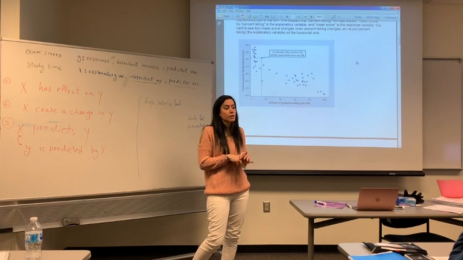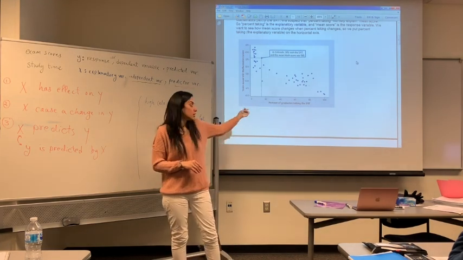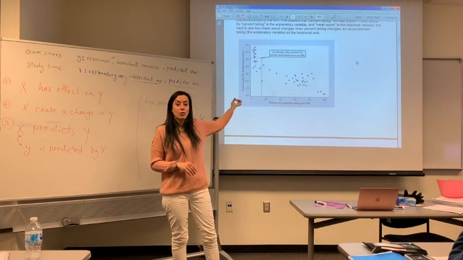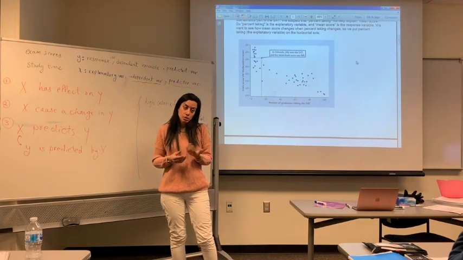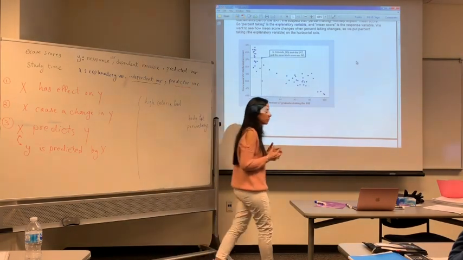So you cannot find a relation between, for example, gender and the exam score in this graph. Why? Because gender is categorical, right? So keep that in mind, that is important.